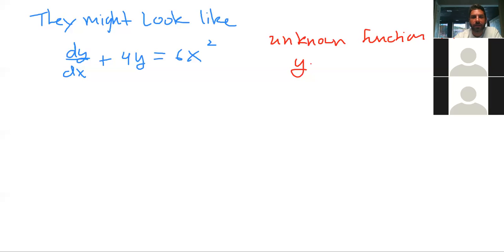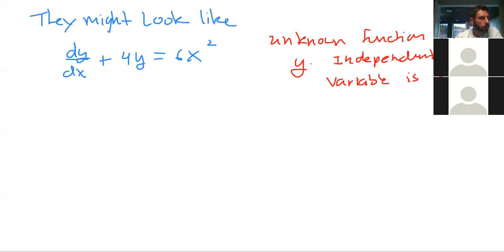I shouldn't say that, that would be mean. All right, so the unknown function is y, the independent variable is x. So your job is to find a function y that satisfies that equation.